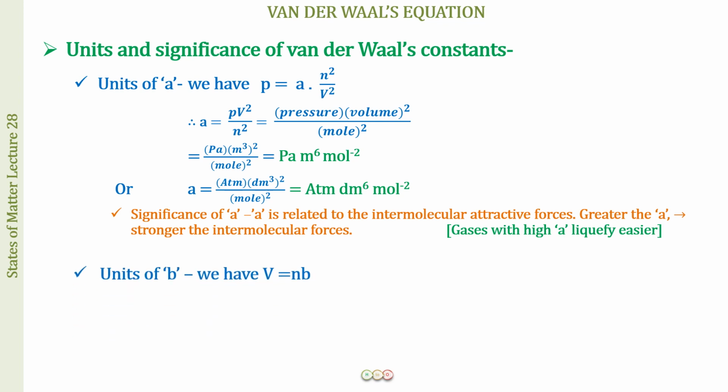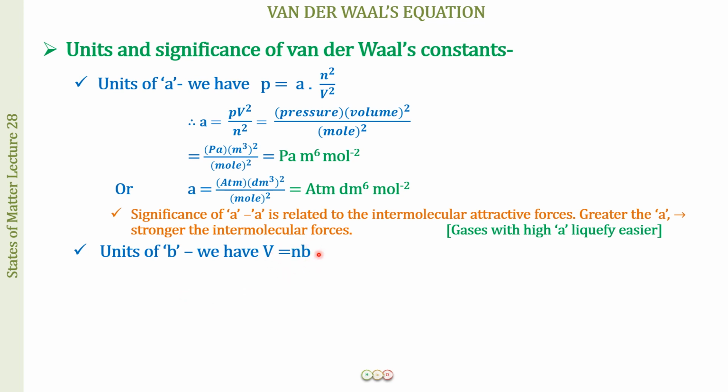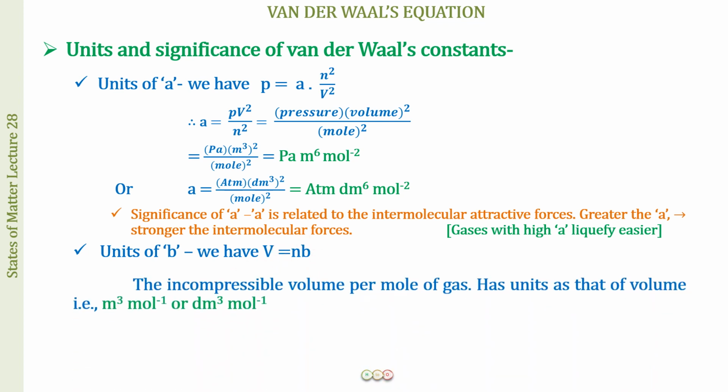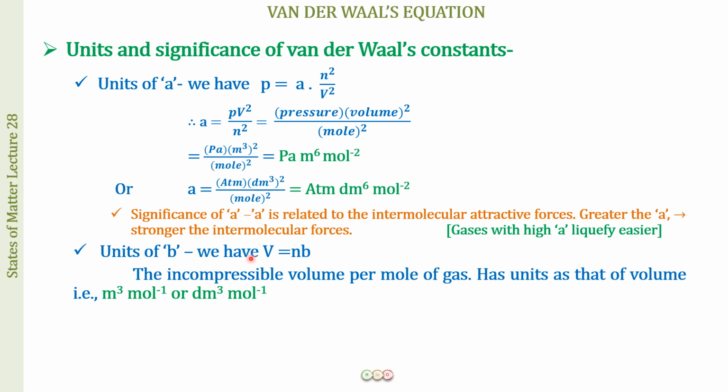Okay, next we come to the units of B. For B, we know that nB is a correction for the volume. So the units of nB have to be the units of volume. It is the incompressible volume per mole of a gas, the volume of the gas molecules that we were not able to compress, per mole of the gas.